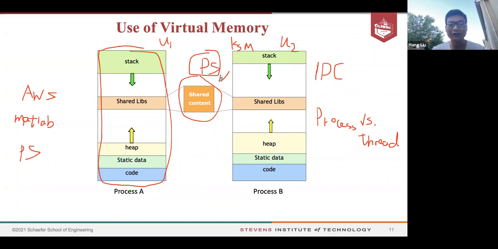Basically what we do is we let both processes have different virtual addresses, right? But when we translate that into a physical address, they're actually the same physical address. For instance, at Stevens, the street in front of Burchard is the same as the street in front of Babio Center.